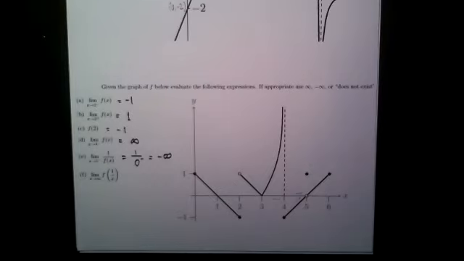Okay, limit as x approaches infinity of f of 1 over x. Irina? Give me a second. Is it minus infinity or plus infinity? It's plus infinity.